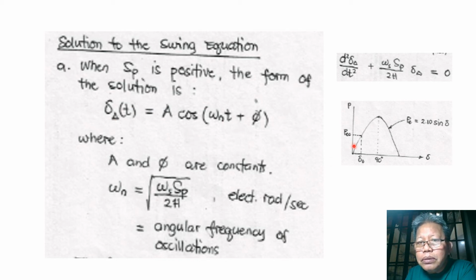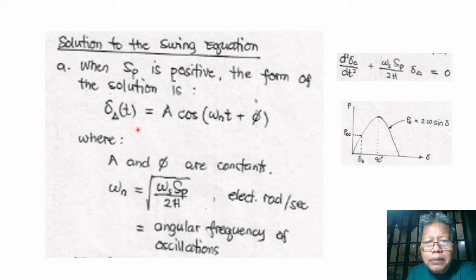So when we have positive synchronizing power, which is to the left of our power angle curve, then we have complex roots, and the form of the solution would be this one.